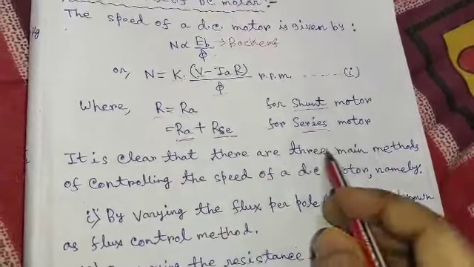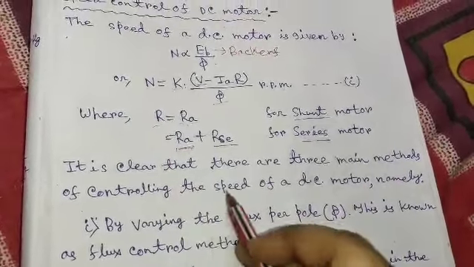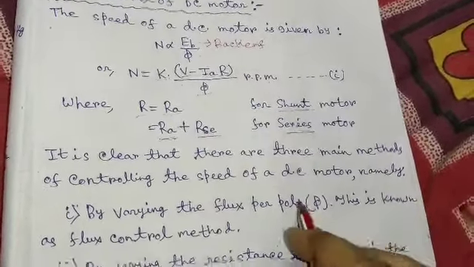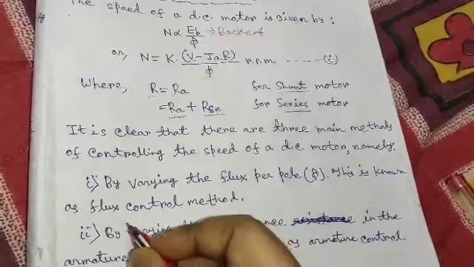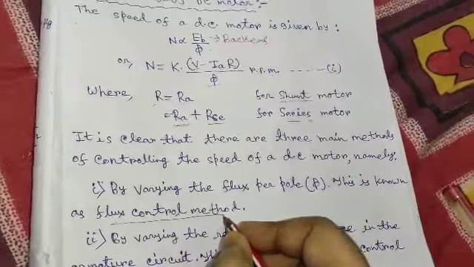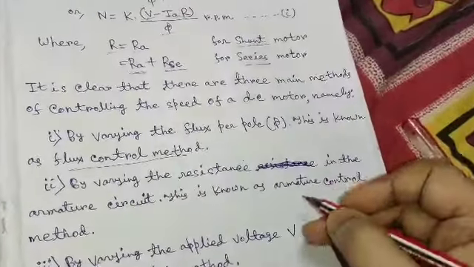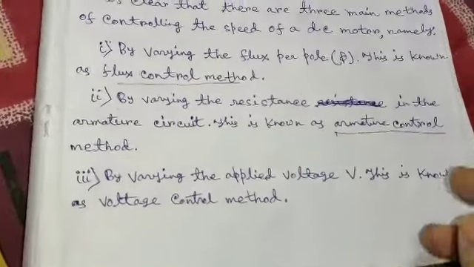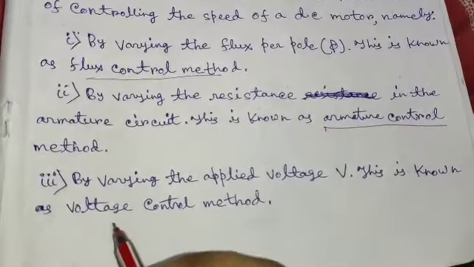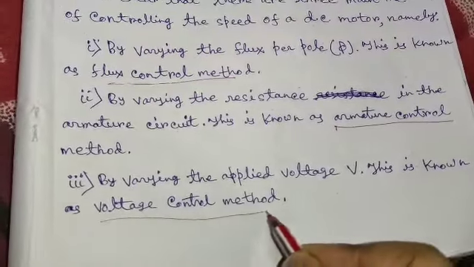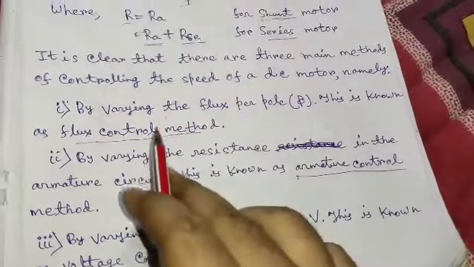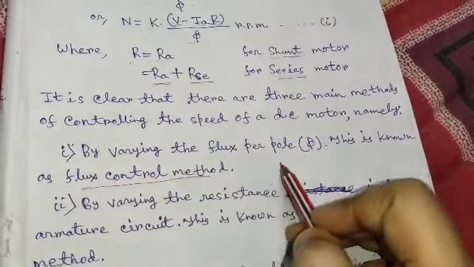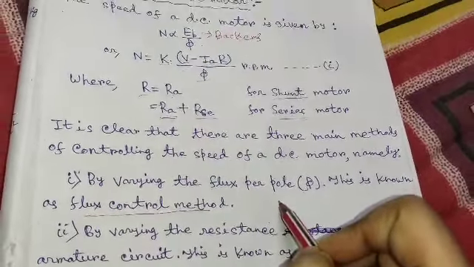So here it is clear that there are three main methods of controlling the speed of a DC motor. Number 1 is the flux control method, number 2 is the armature control method, and number 3 is the voltage control method. By varying the flux per pole we can control the speed.